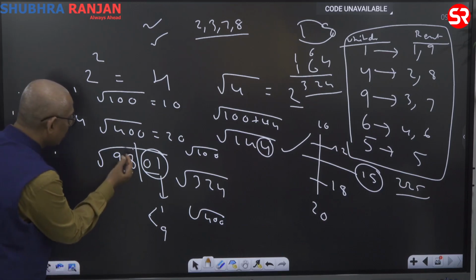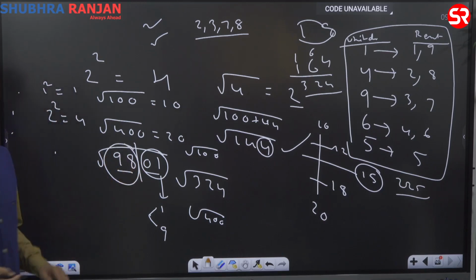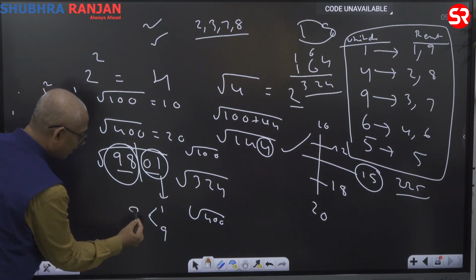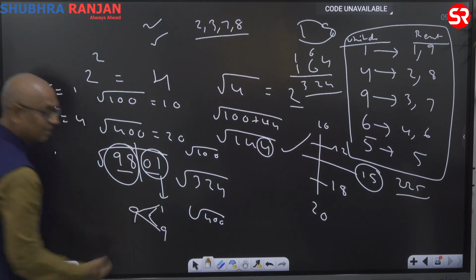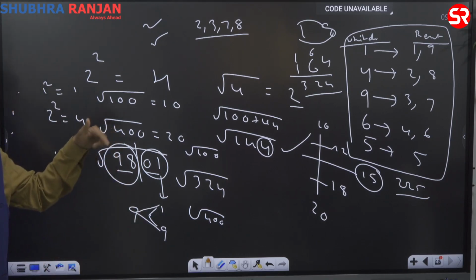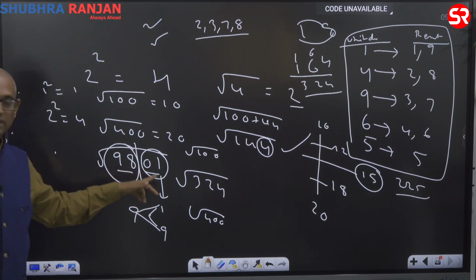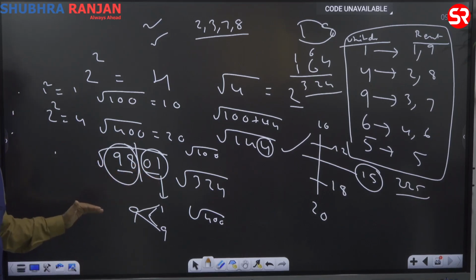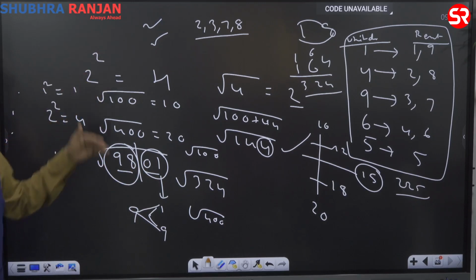Now tell me what is here? 98. 98 is nearest to which square? 9 square is 81. 10 square is 100. So it is not more than 100. Definitely it will be more than 90. So the answer must be 91 or 99. But is it nearest to 100 or nearest to 90? That is the question. Is 9801 nearest to 10000 or 8100?